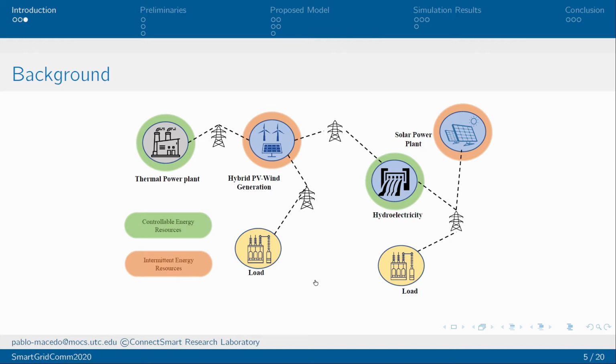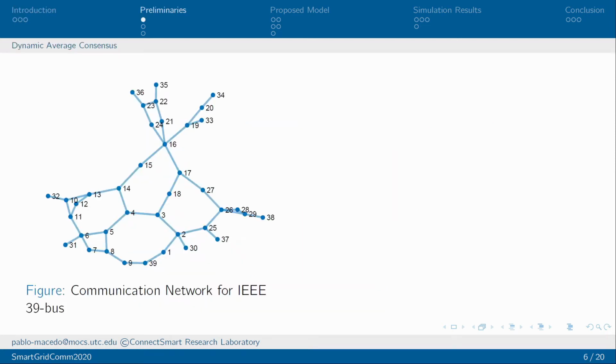For sudden variations in power, you have sudden variations in frequency, and those usually are addressed by the controllable energy resources. Therefore, synchronous generators need new control laws in order to maintain synchronism in a very intermittent power grid.